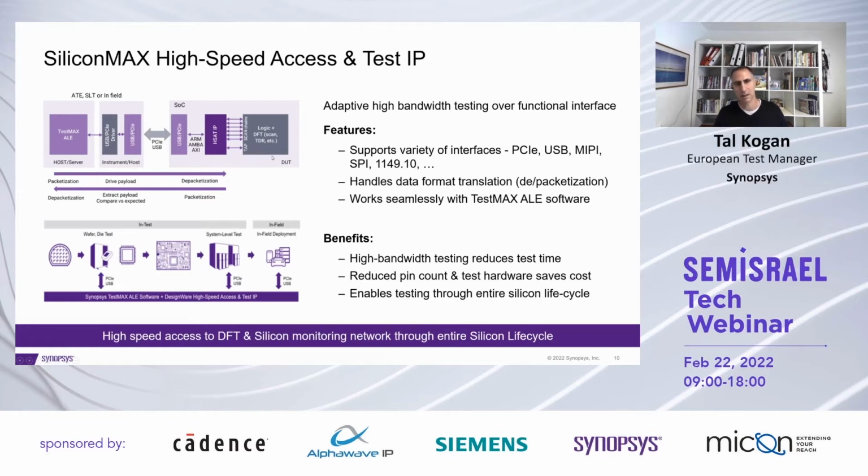So the revolutionary idea here is not to use the GPIOs or whatever digital ports you usually use for your scan chains, but instead the functional interface. Now, that might have a lot of advantages, because suddenly the limit that many SoCs have on the number of ports in the system is gone. That limit is usually a hard limit, and it has a direct effect on the number of scan channels you can use for each macro, in case you have a hierarchical design.